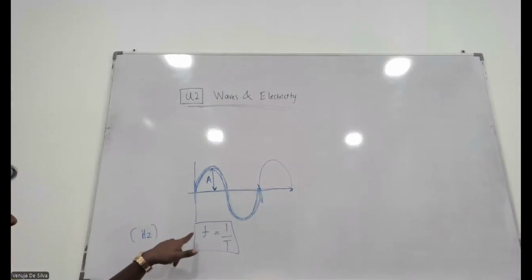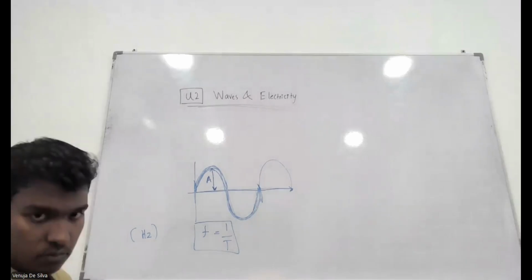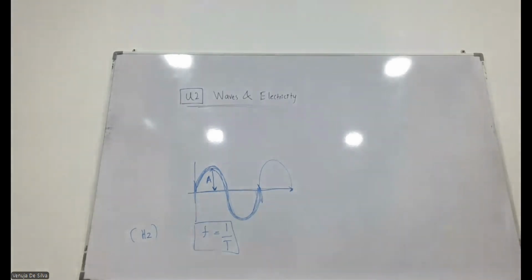And then you build a relationship between f and T. f equals 1 over T as well.